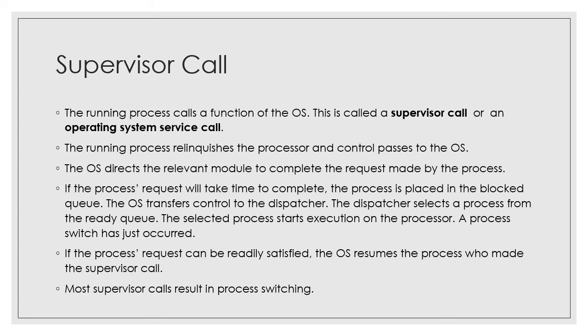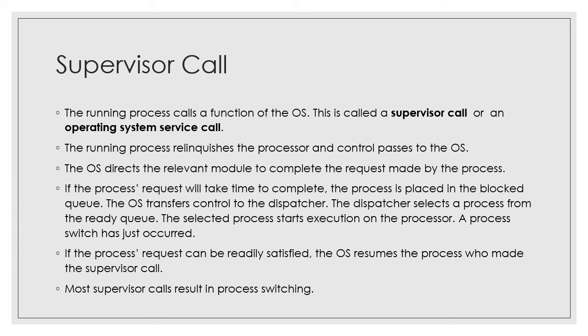The running process relinquishes the processor and control passes to the operating system. The operating system directs the relevant module to complete the request made by the process. In our example, the OS directs the hard disk driver to start IO transfer of the requested file from hard disk to RAM.